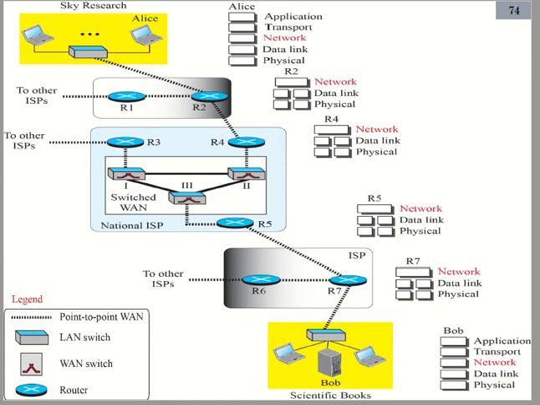The physical layer sends the data through the physical connection to the destination via different routers. At the destination, the datagram is first received at the data link layer and then moved to the network layer. At the network layer, the datagram is decapsulated and the packet is delivered to the corresponding transport layer.